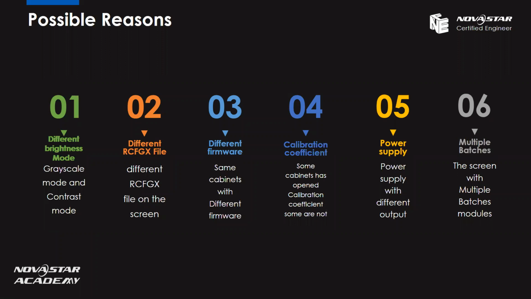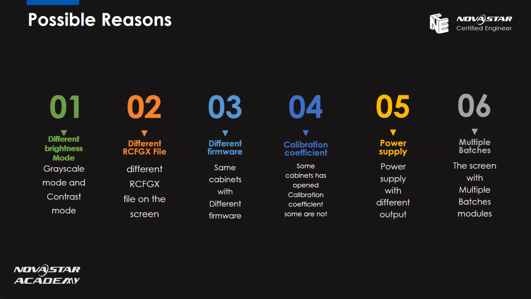So the third possible reason is the same cabinet with different firmware. The fourth possible reason is calibration coefficient. Some cabinets have calibration coefficients enabled, and some do not. If we enable the calibration effect, the brightness may be lower. So this is the fourth possible reason, calibration coefficient.